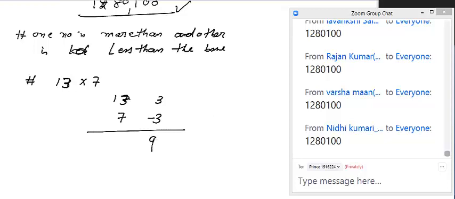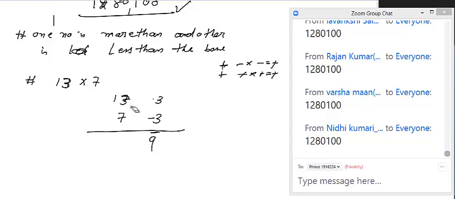Earlier you had negative deviations or positive deviations. Negative multiplied by negative is positive, positive multiplied by positive is positive. But here positive multiplied by negative is negative. I will put a negative here, or you can put a bar here. Means the result we are getting is minus 9, 9 bar.